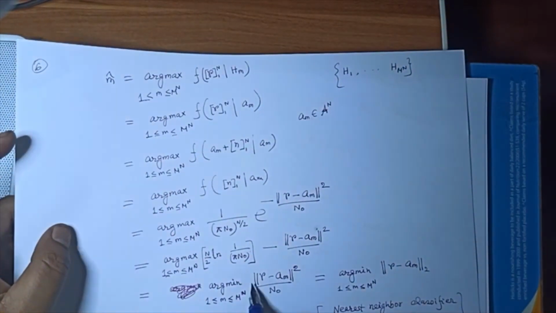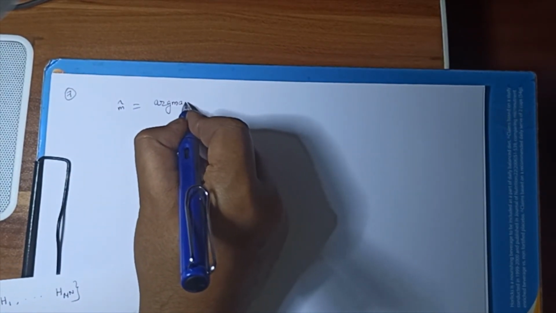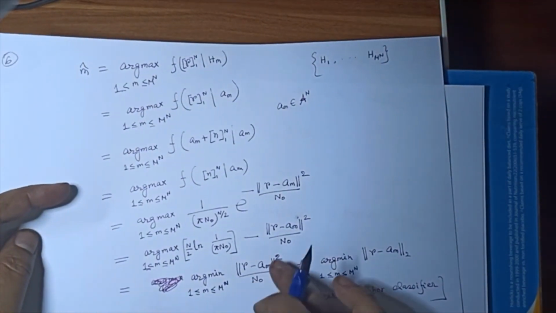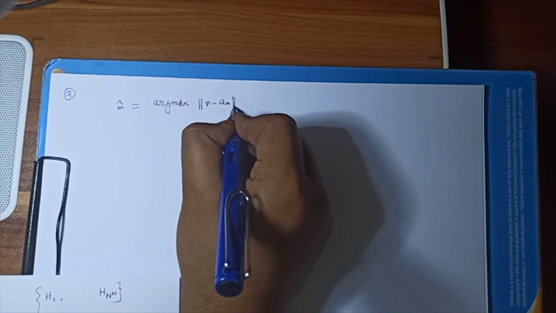What I can do more is expand this square. So m hat is equal to argmin of (r - a_m)^2, for all m.